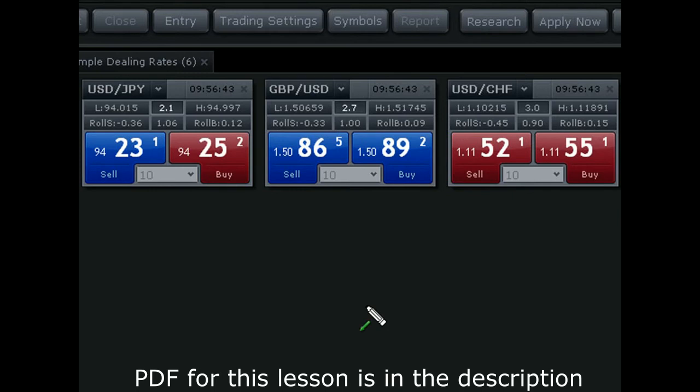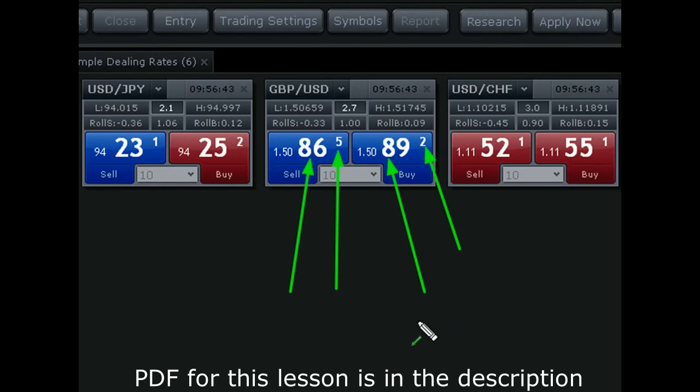So if I just freeze the screen here, we've got 1.5086 and 5/10 of a pip for the sell price in GBP USD, and we've got 1.5089 and 2/10 of a pip for the buy price in GBP USD.